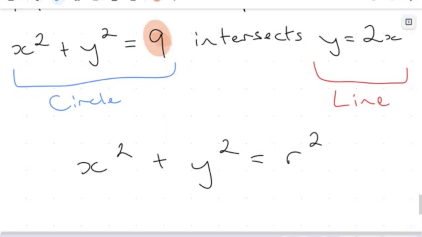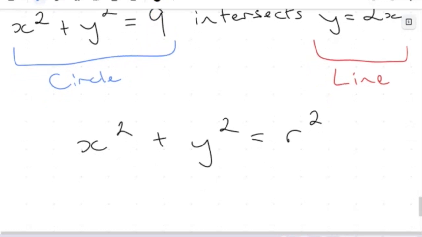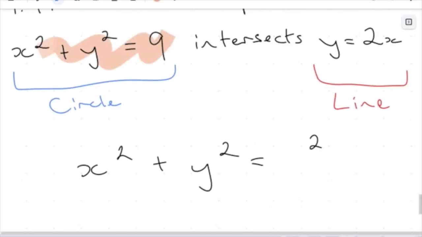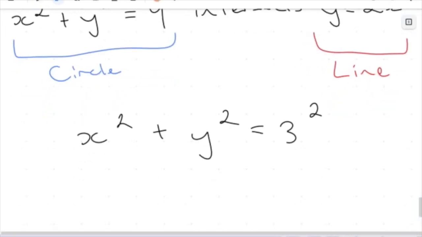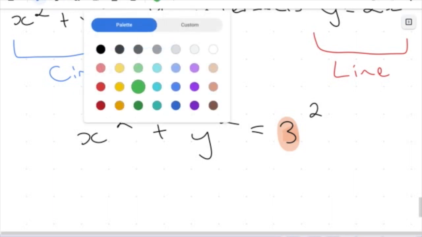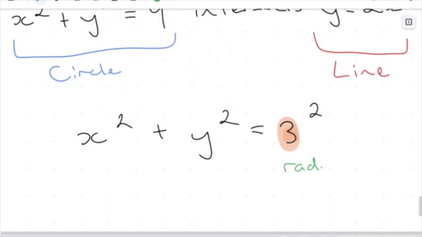Now you may notice that 9 here is a square number. We can get it from squaring 3. So here we can rewrite my equation up here as x squared plus y squared equals 3 squared, where the 3 here is my radius.